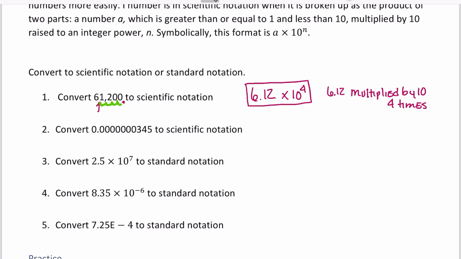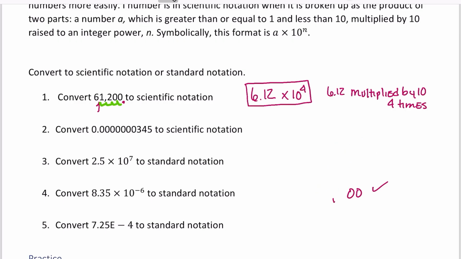If I take 6.12 and multiply by 10 one time, I get 61.2. Multiply by 10 again, I get 612. Again, 6,120. And again, I'm back at 61,200. So that's multiplying by 10 four times. That's what that notation means.